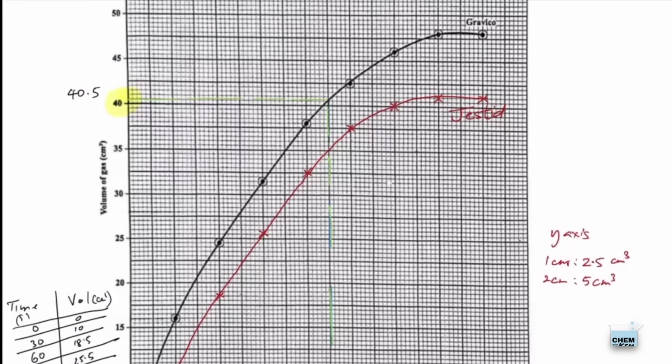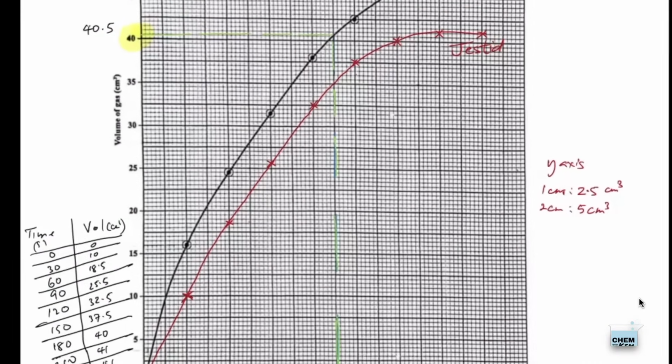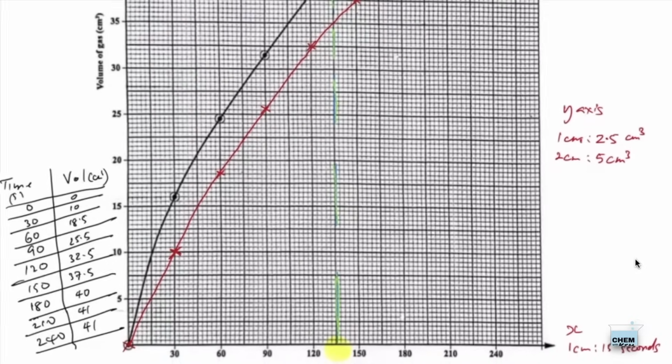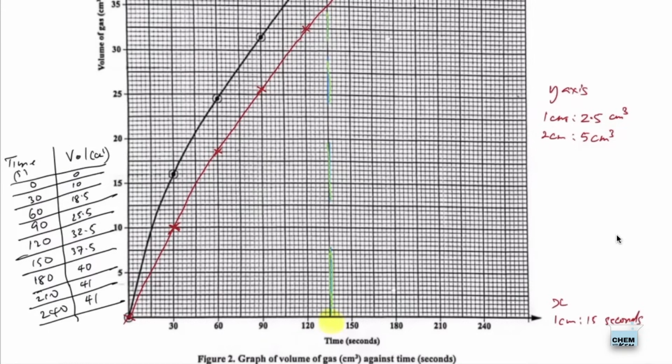All right, so we're going to look at how we arrive at this plot. We're going to have the values at the bottom left-hand corner. On the x-axis, we don't have to focus too much on the scale because we're only plotting 0, 30, 60, 90, 120.